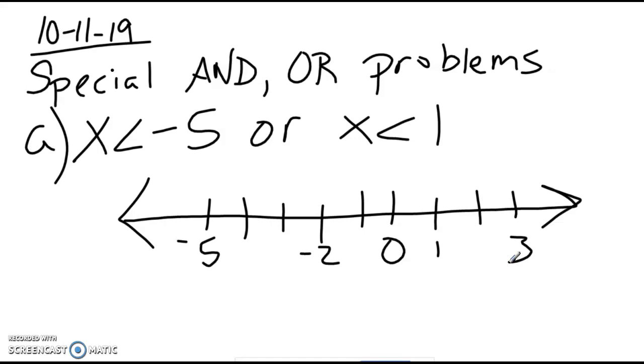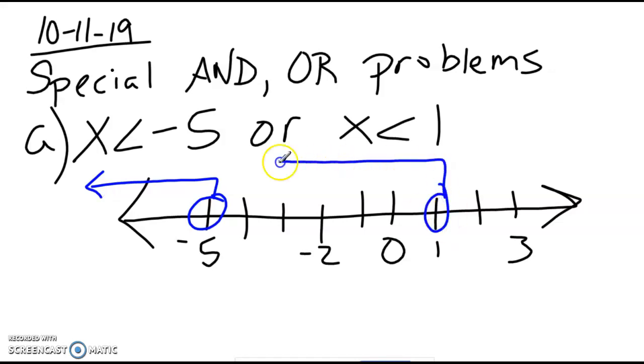Tyrese, x is less than negative 5. How do I show that on my number line? Open to the left, yep. Okay, so I've got an open circle and I'm going to the left. How would I show, Jarrett, x is less than 1? Open circle going to the left.